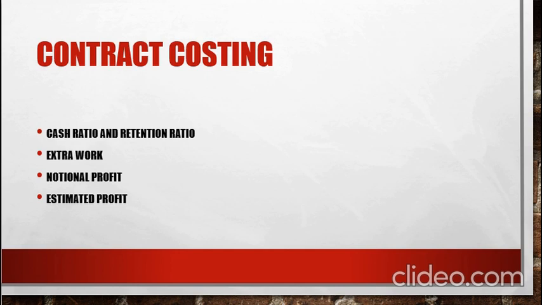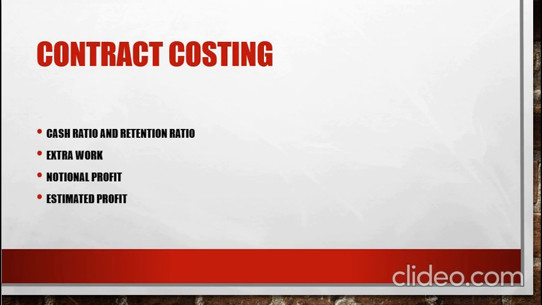So basically, the excess over the contract price, the income you earn out of it, is known as estimated profit.